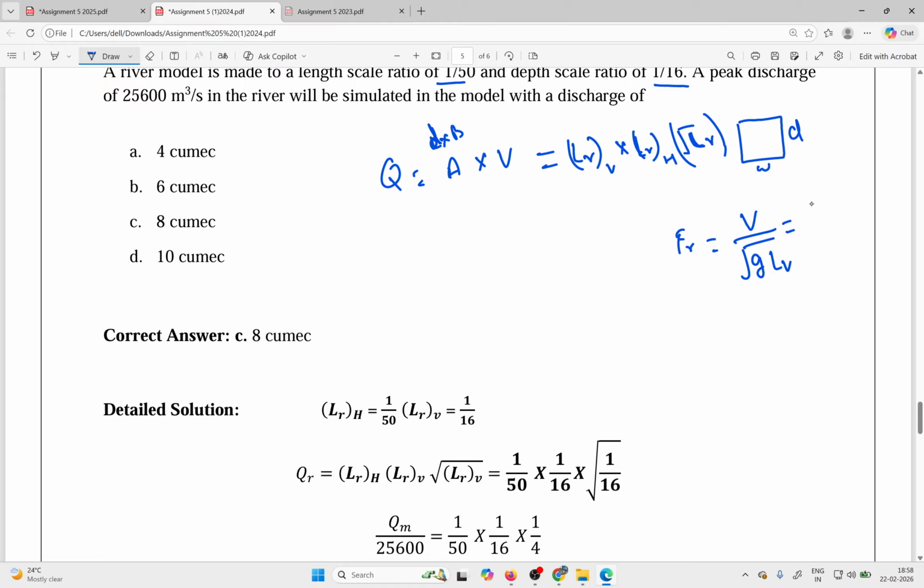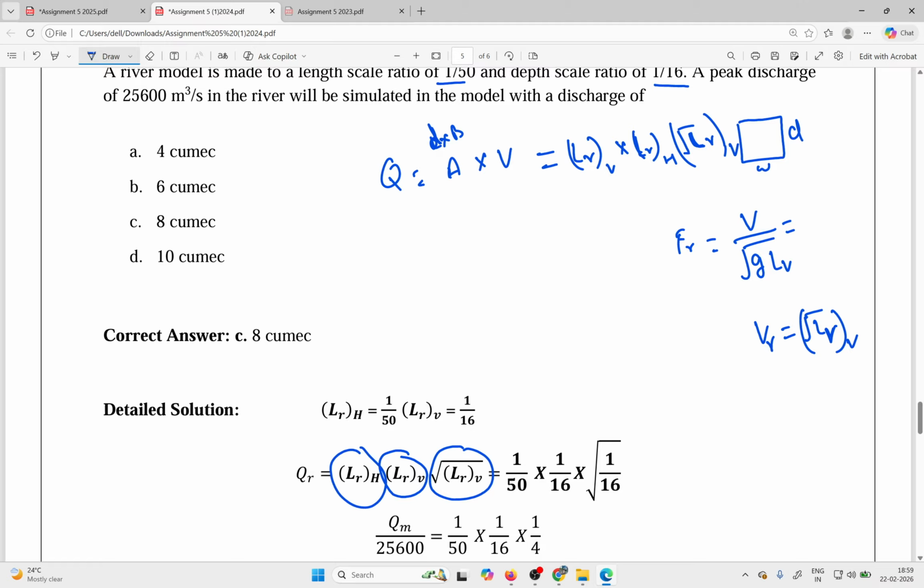And V is nothing but root of L vertical. So that's why for the velocity it is written LR vertical, and for depth vertical, and for width horizontal. Remember please.